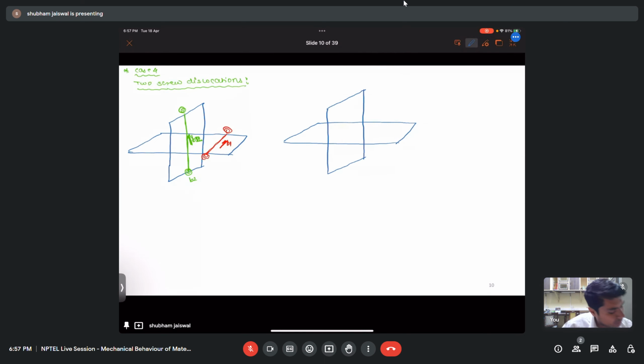So let's say dislocation 1 interacts with dislocation 2, so it will create a step in the direction of B1.